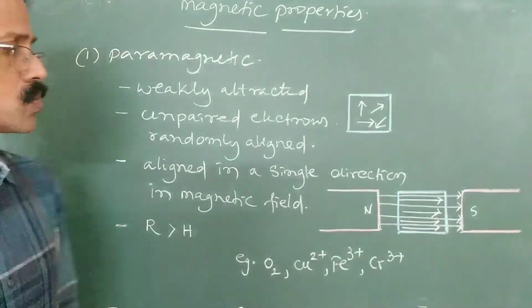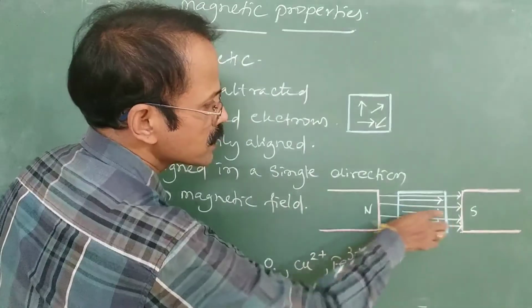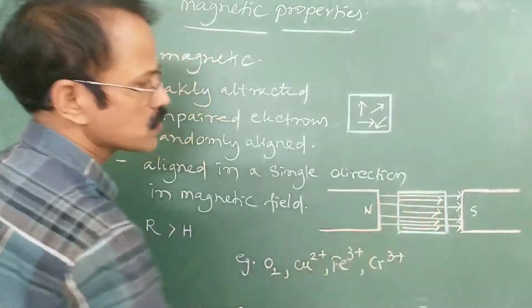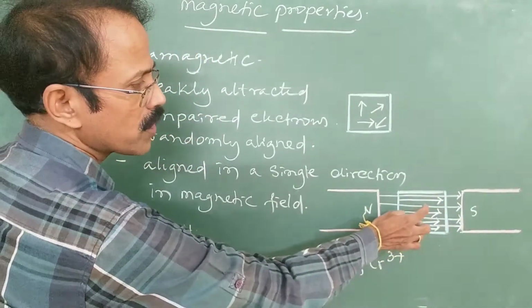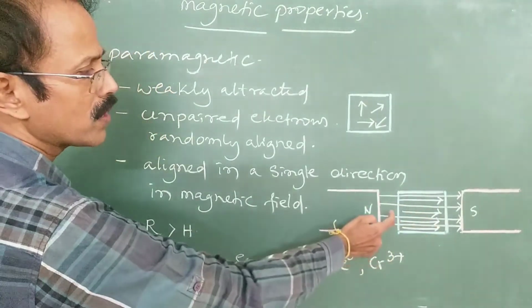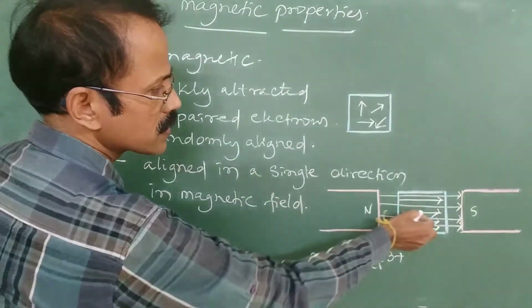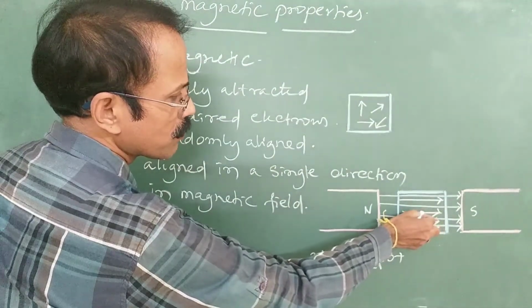Here the magnetic lines of force are passing through the paramagnetic substance easily. So that is why the resultant magnetic field increases when compared to the applied magnetic field. This is applied magnetic field, this is resulting magnetic field.